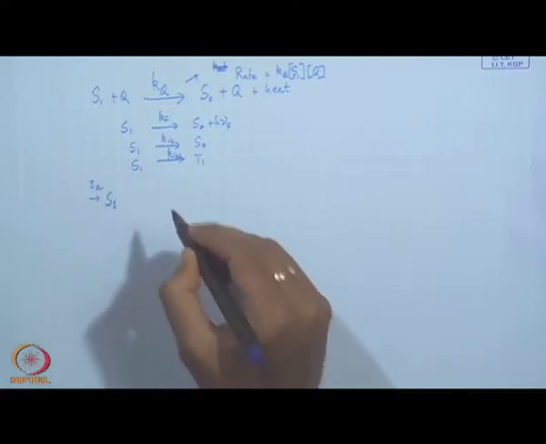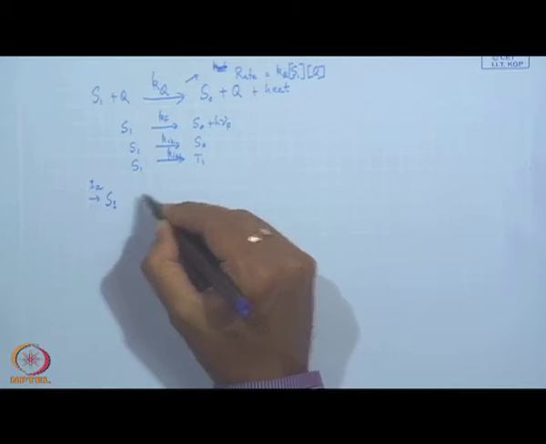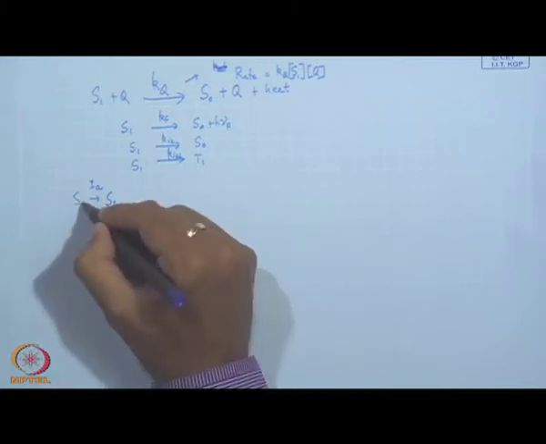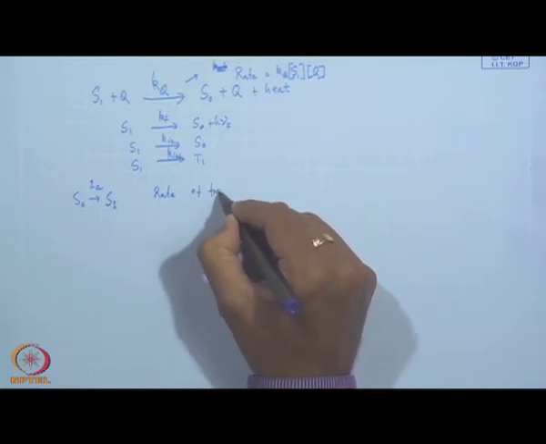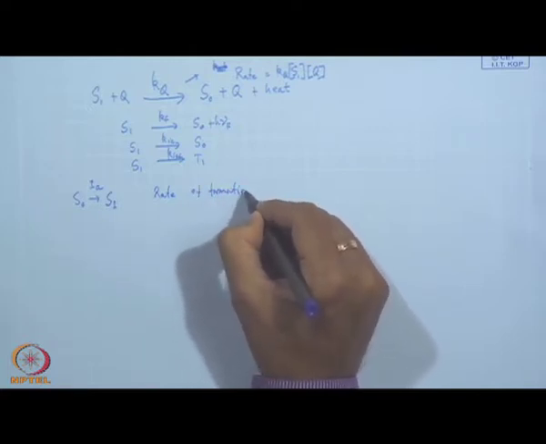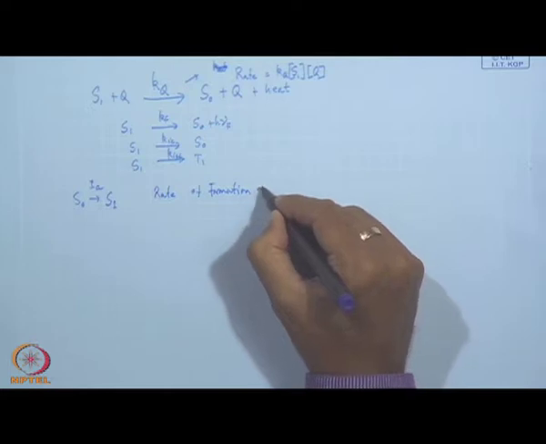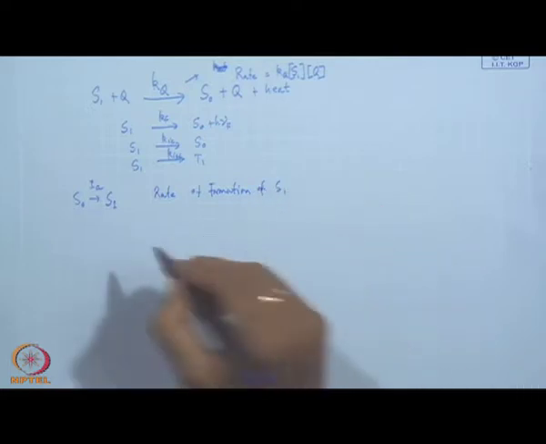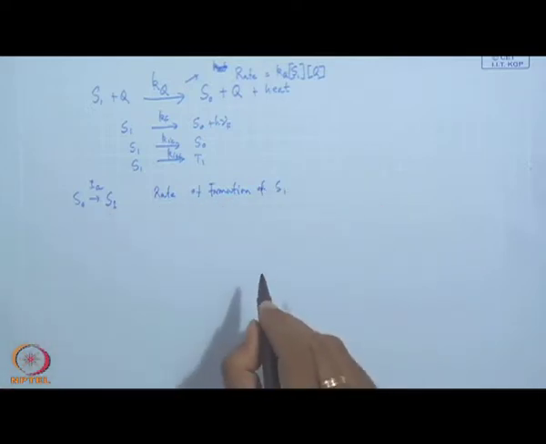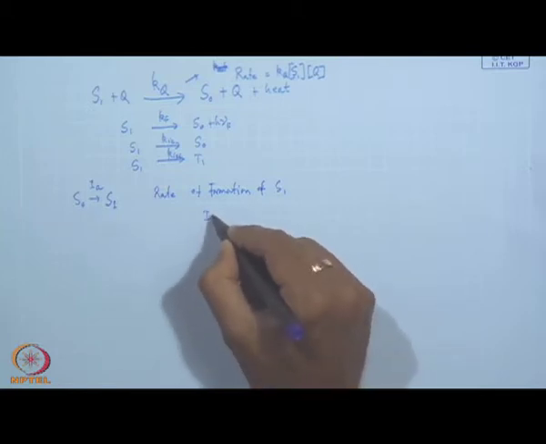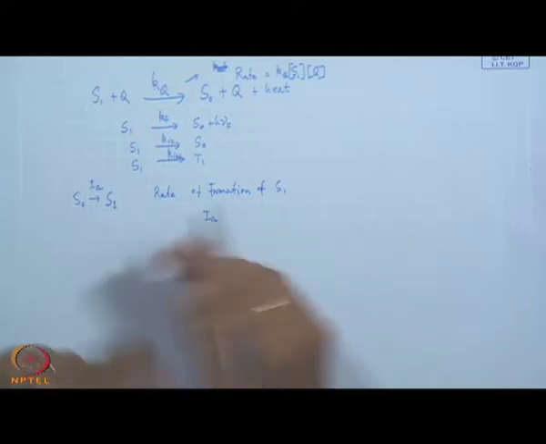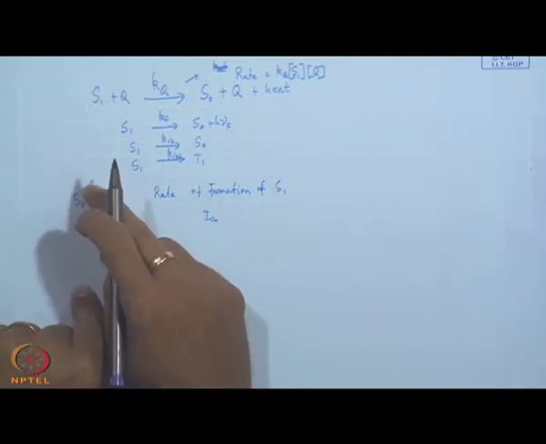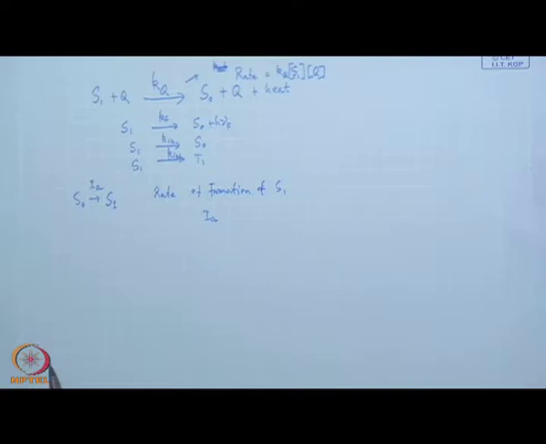The rate of formation of S1, from S0 to S1, the only channel where it is formed is Ia, that is the intensity, because intensity means the number of photons entering per unit area per unit time.